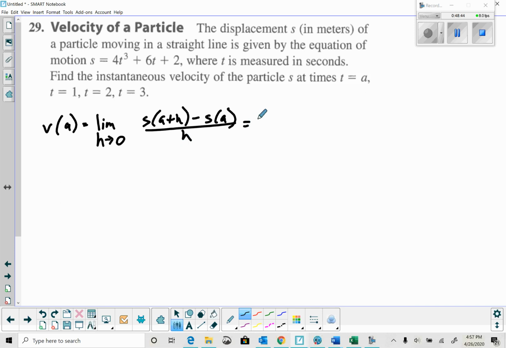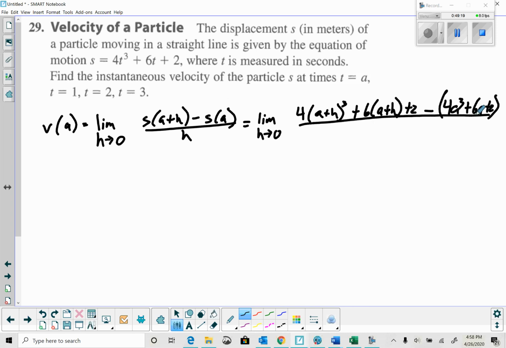So we're looking at the limit as h approaches 0 of, oh, now isn't this going to be fun algebra? 4 times a plus h cubed plus 6 times a plus h plus 2 minus the quantity, I'm going to put that in parentheses, 4a cubed plus 6a plus 2, all over h.